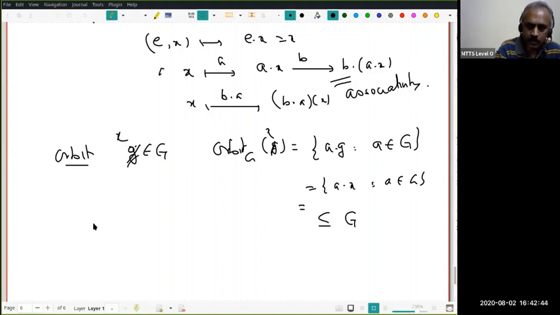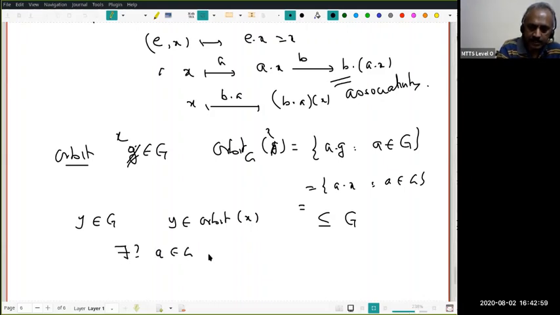Okay. Now I claim they are actually equal. Why are they equal? Let's start with an element y in G. I want to say y also belongs to the orbit of x. What does it mean? That means I have to find whether there is an element A in G so that y is of the form A dot x. That is, x is taken by A to the element y. Now notice that we are in group theory.